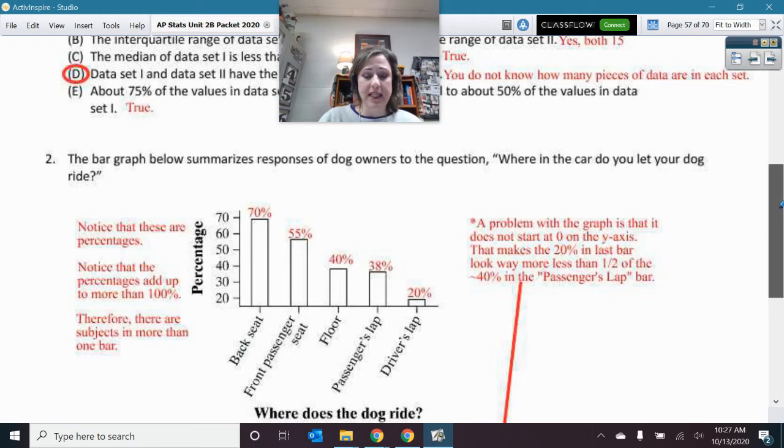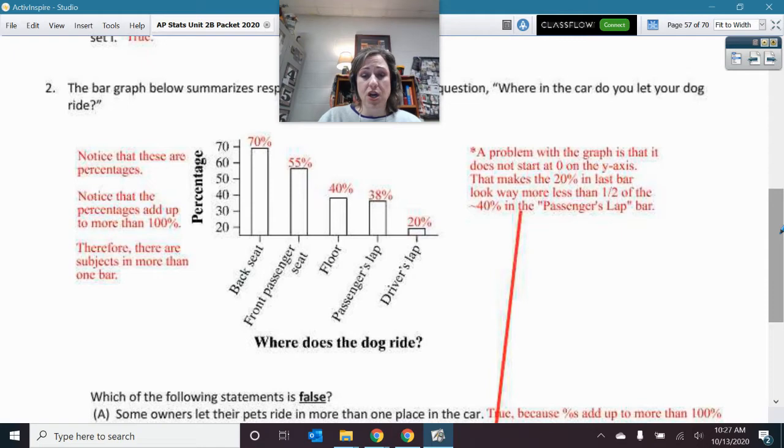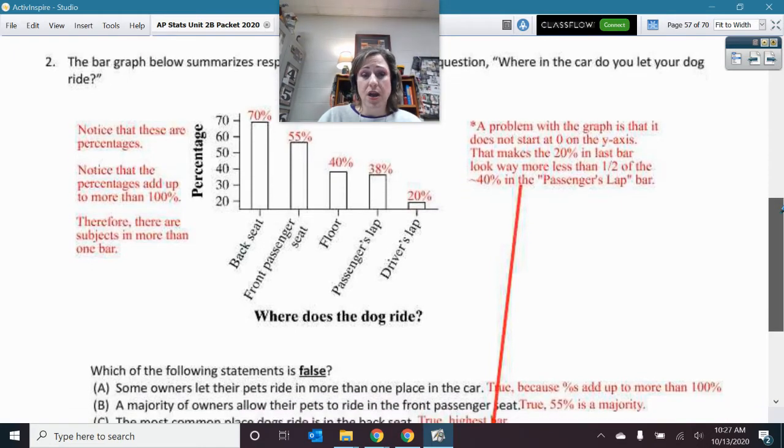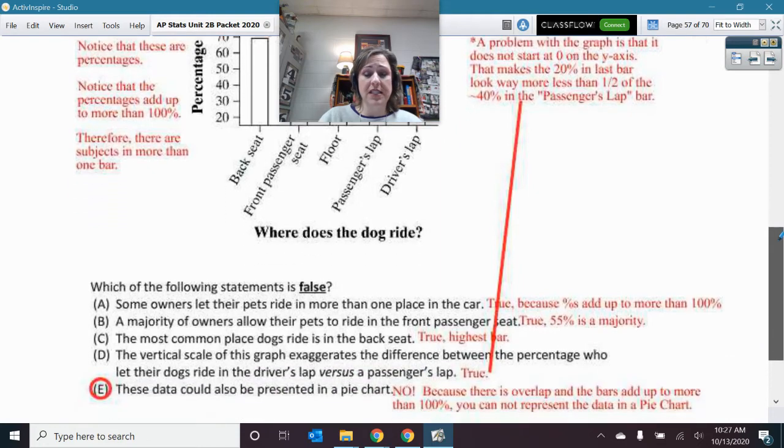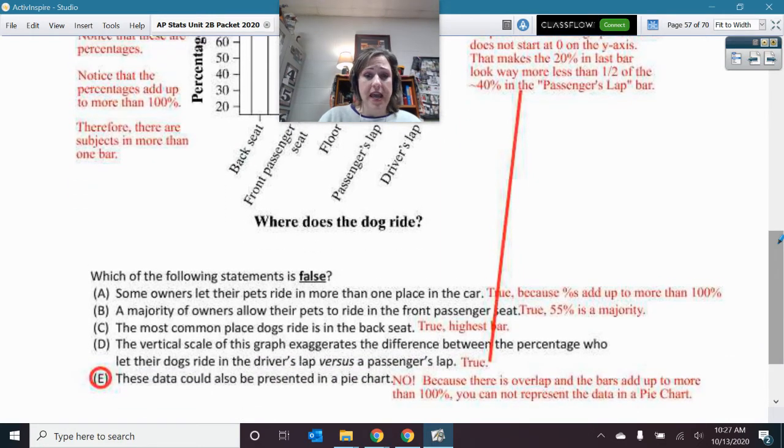I've got some people telling me that their dogs ride in more than one location in the car. So then which one of these statements is false? I state why the other ones are true, but this one, E, is not true. E is not true because it could not be a pie chart, because there's overlap.